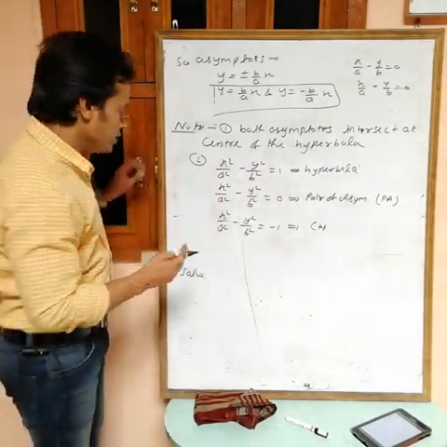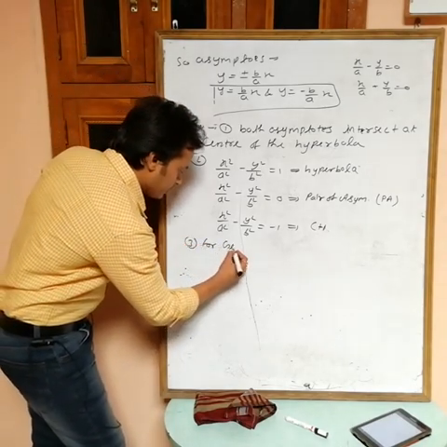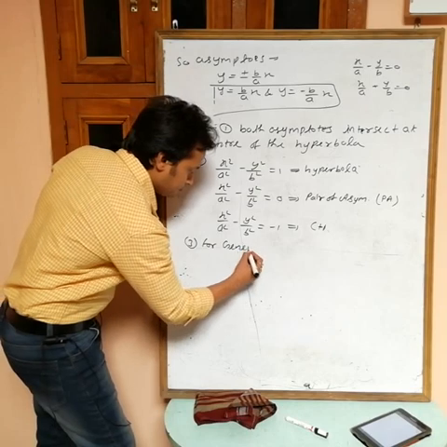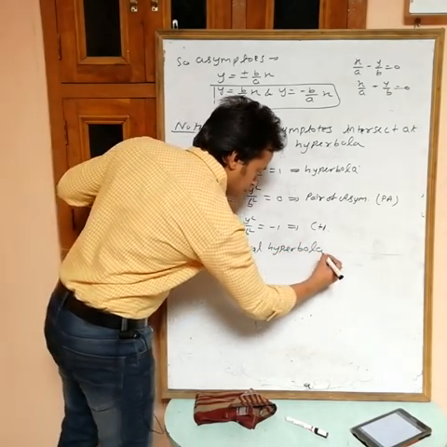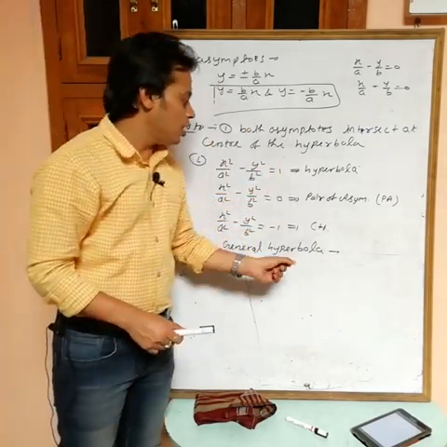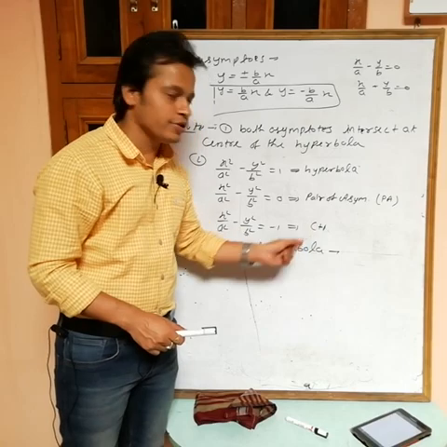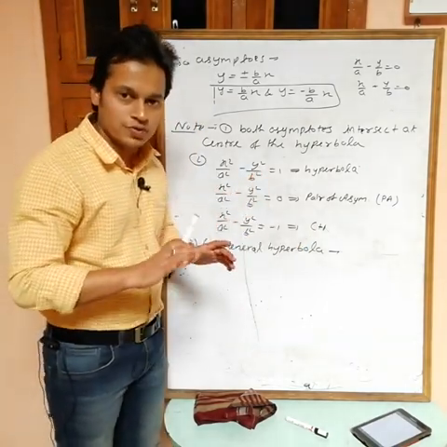Okay, in general, for a general hyperbola, remember that in the equation of the hyperbola, the pair of asymptotes and the conjugate hyperbola, there is only a difference in the constant term; all terms remain the same.